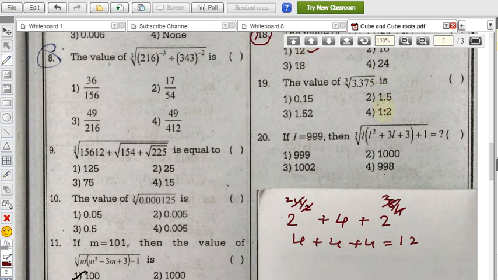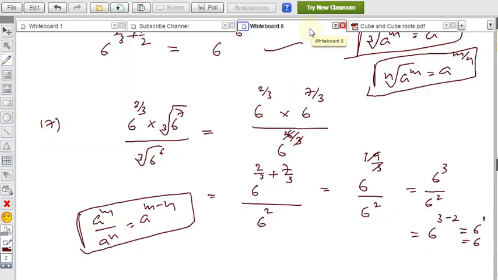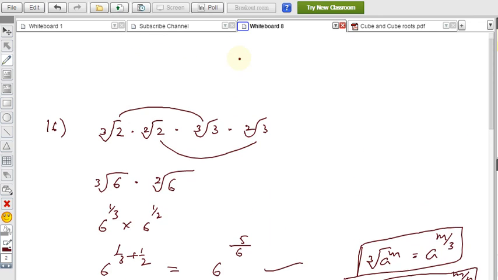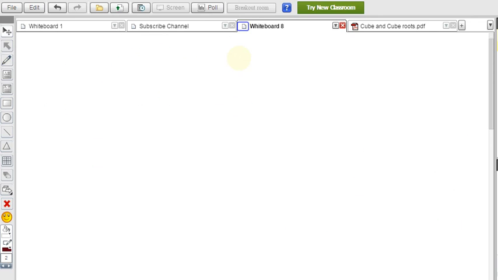19th, the value of cube root of 3.375. I said already, like conversions into fractions and solving the cube roots.